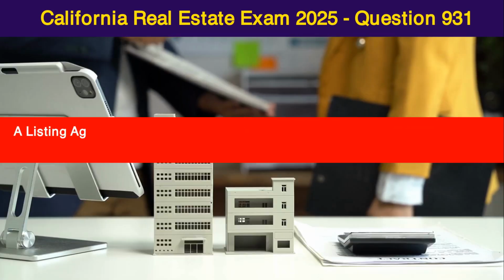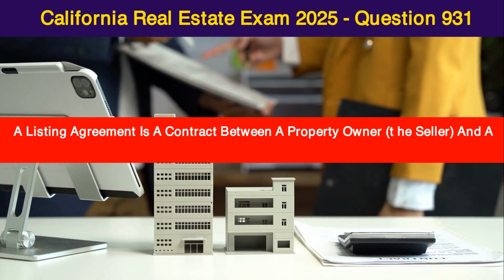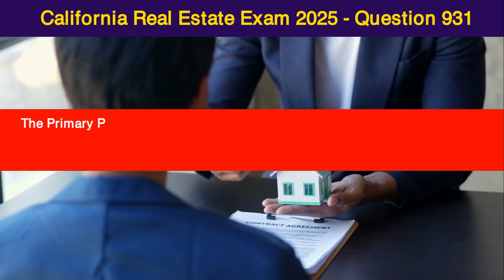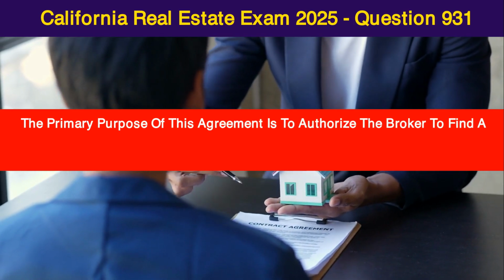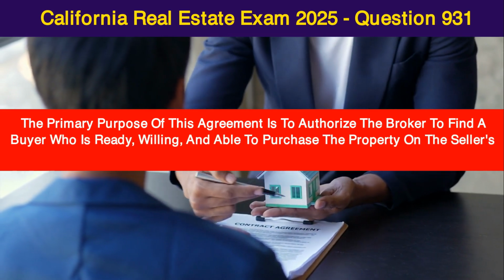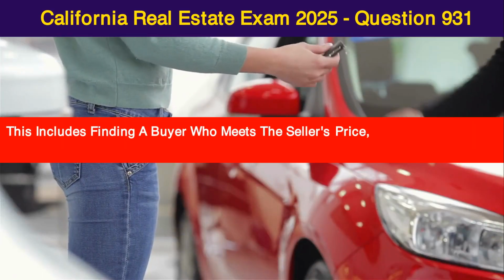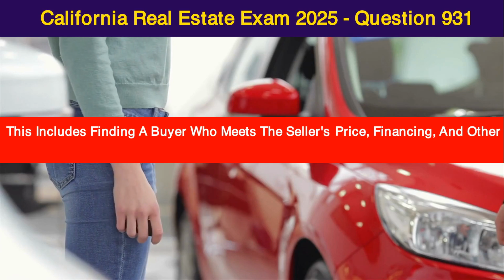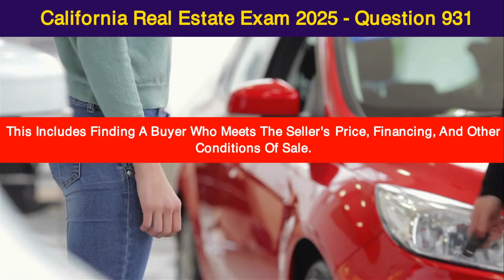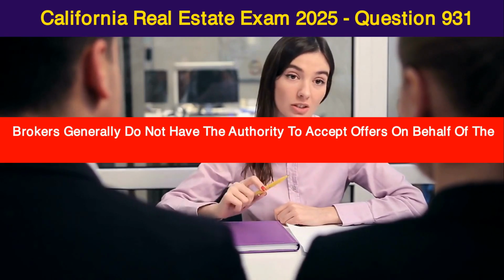A listing agreement is a contract between a property owner, the seller, and a real estate broker. The primary purpose of this agreement is to authorize the broker to find a buyer who is ready, willing, and able to purchase the property on the seller's terms. This includes finding a buyer who meets the seller's price, financing, and other conditions of sale. Brokers generally do not have the authority to accept offers on behalf of the owner.